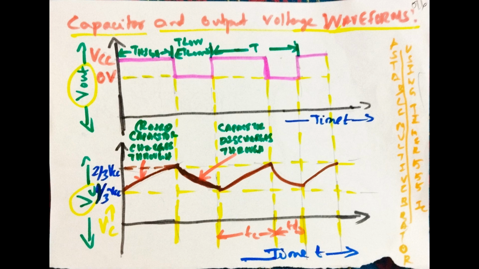The output voltage of the astable multivibrator is shown in the figure, that is T high and T low, transistor high position and transistor low position. We obtain a square output voltage waveform, shown in the figure and in notes.